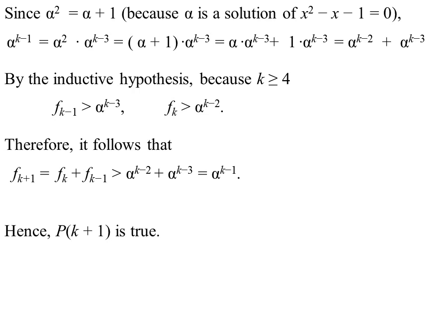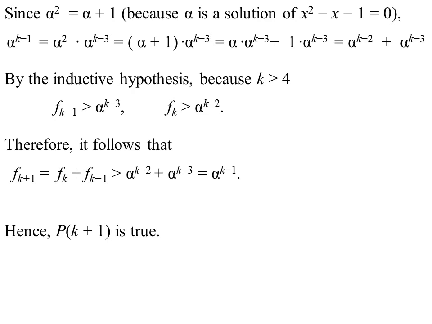Hence, alpha square is equal to alpha plus 1. Now we have f(k+1) greater than alpha to the power of k minus 1. Now let us try to solve this.